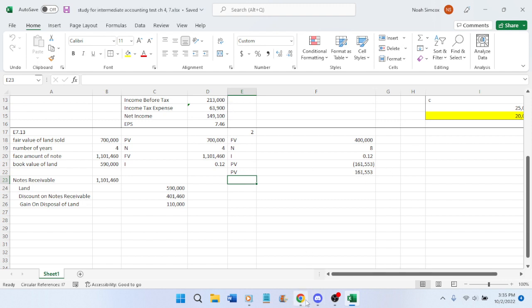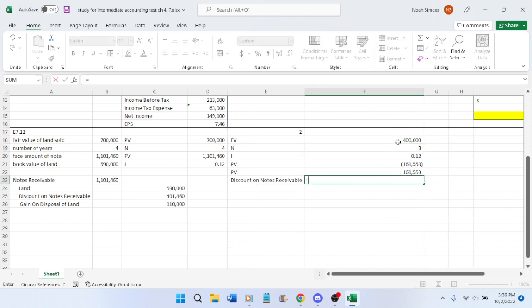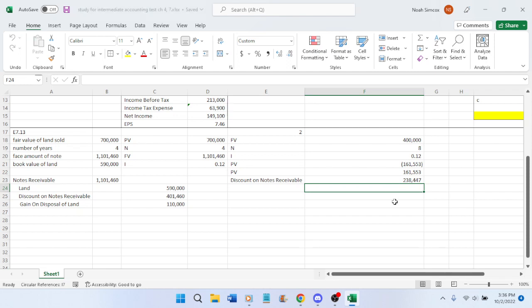So, discount on notes receivable. No. Undo.